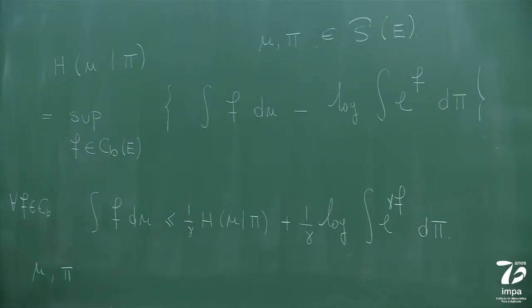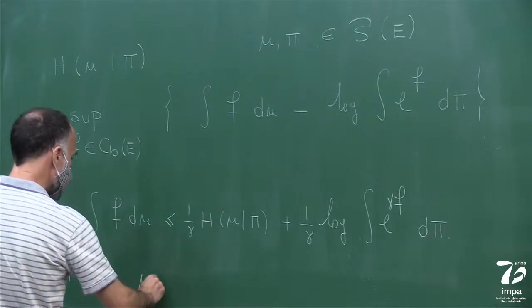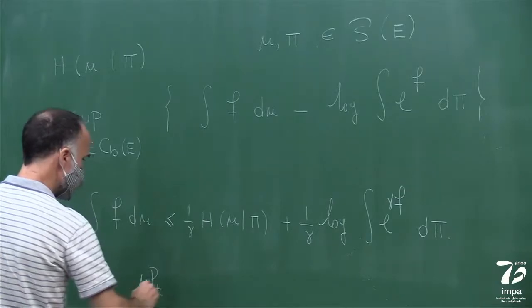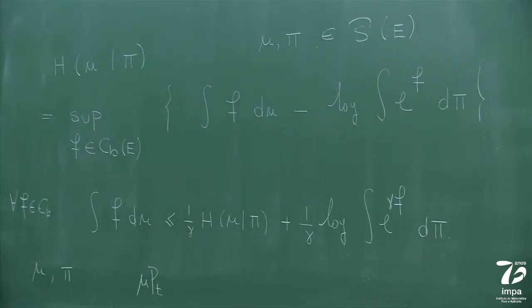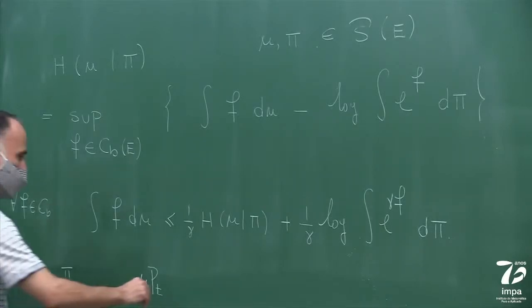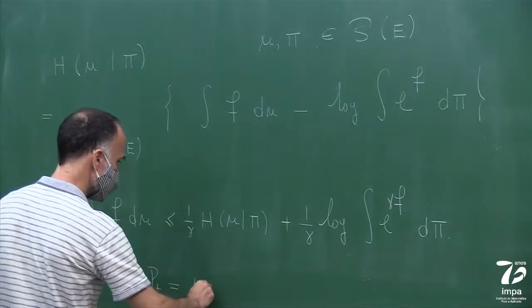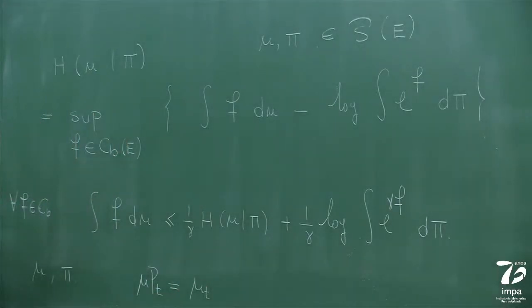Now I let the process evolve. So I started with mu, and at a certain time I have a new distribution, which is mu P_t, which I will represent by mu_t. And this distribution, I have no idea what it is. I just know it's a distribution.